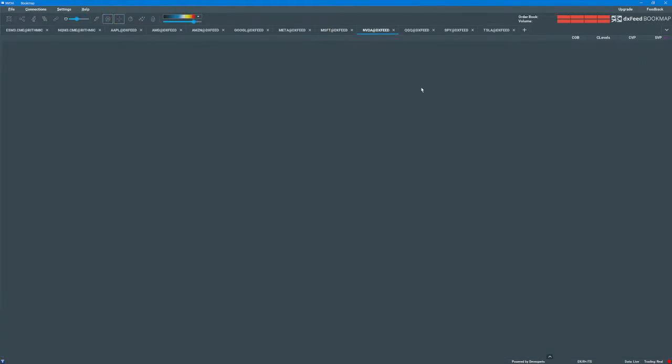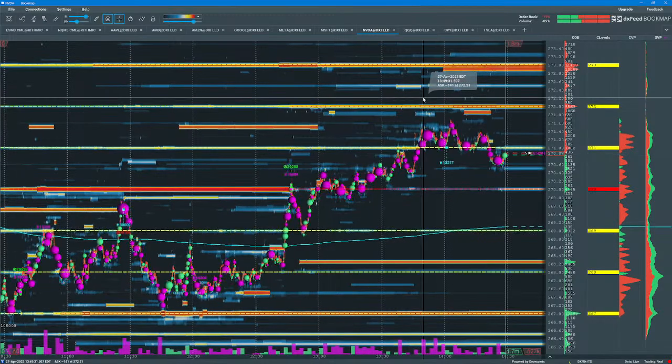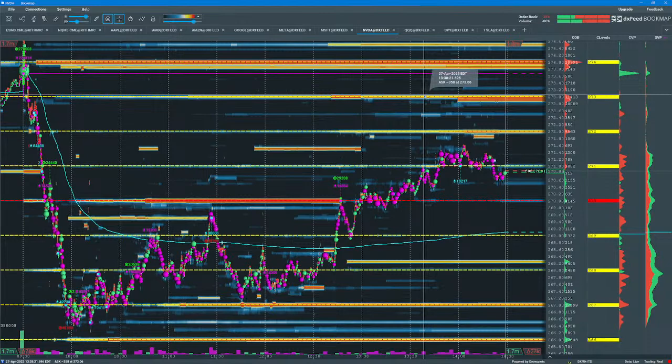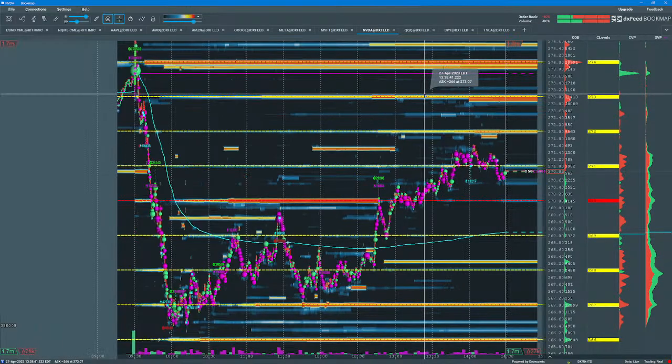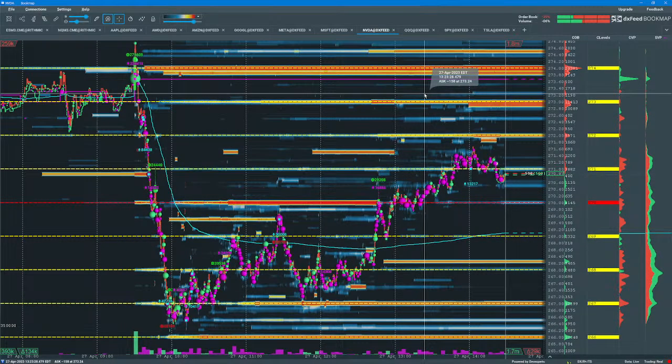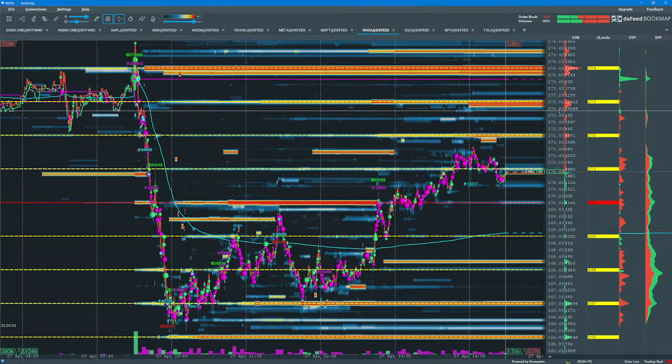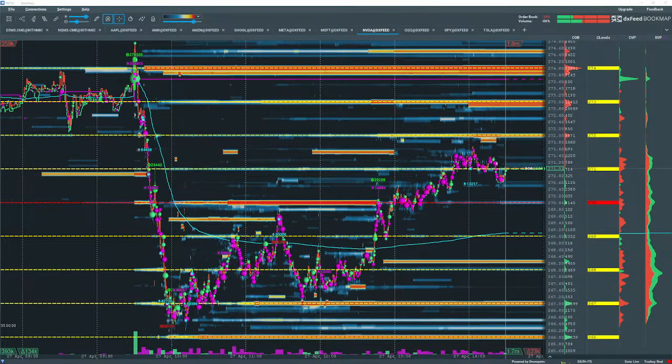There's NVIDIA. And the sharp move lower, now price is trying to recover. And let's see what NVIDIA is. NVIDIA is still positive on the day, 0.5%.